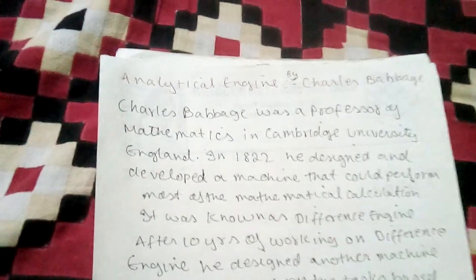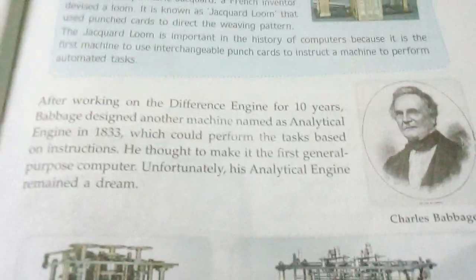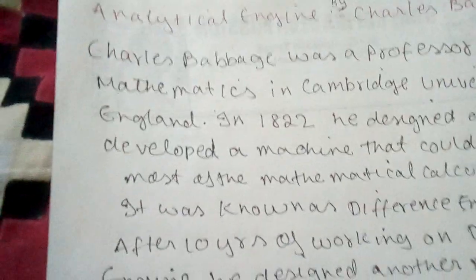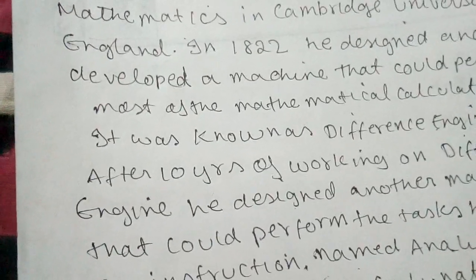Next, we talk about analytical engine. Who developed analytical engine? It was developed by Charles Babbage. Who is Charles Babbage? Charles Babbage is known as father of computer. He was a professor of mathematics in Cambridge University, England.